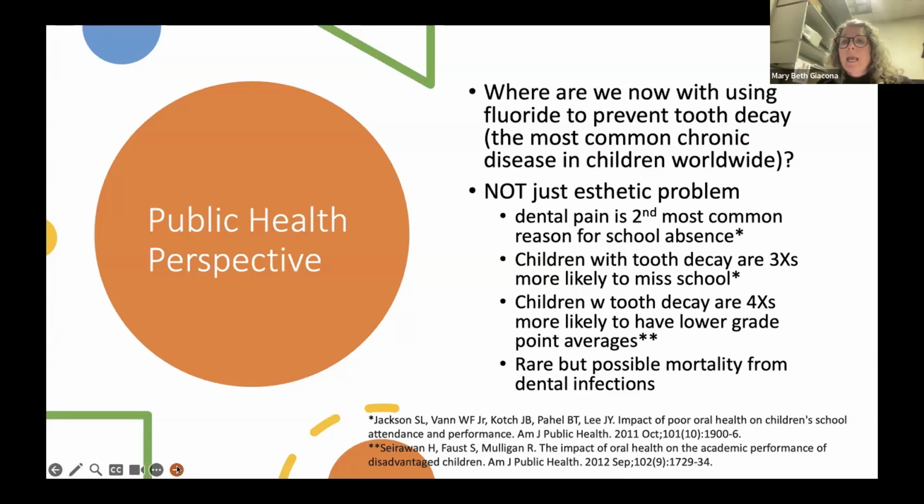Children with tooth decay are 3 times more likely to miss school, and children with tooth decay are 4 times more likely to have lower grade point averages. And in rare instances, but truly tragic instances, like the case of Diamante Driver, dental infections can actually become fatal infections.